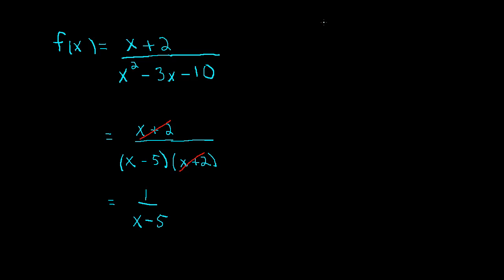I'm not going to do it on the calculator, but we saw before that at 5 we had this vertical asymptote, and then it did something like this, and then something like this.